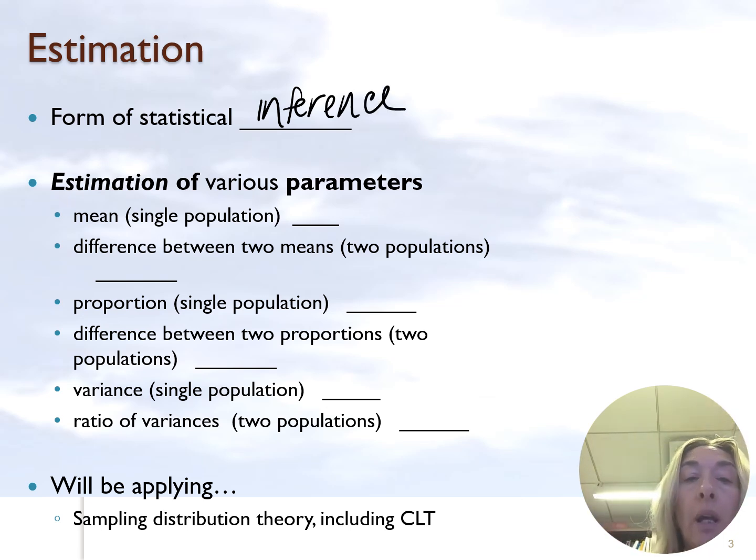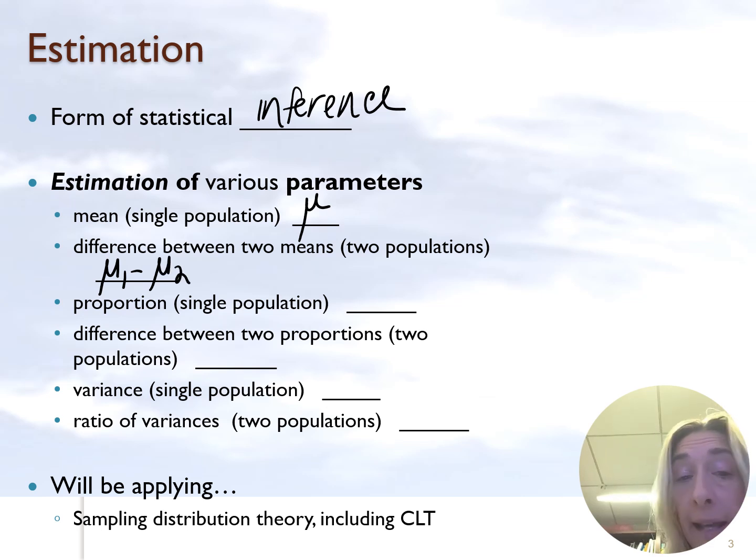In this course, and going forward in this video series, we are going to discuss the estimation of multiple parameters. For example, we're going to discuss how to estimate the population mean, mu, from a single population, as well as the difference between two means, mu1 minus mu2, from two populations.